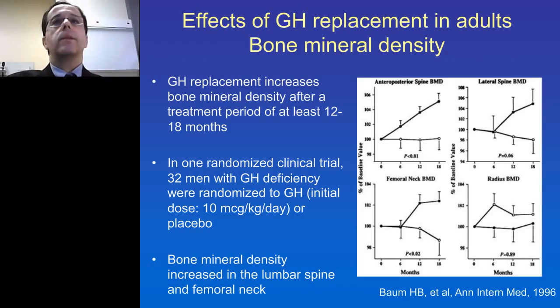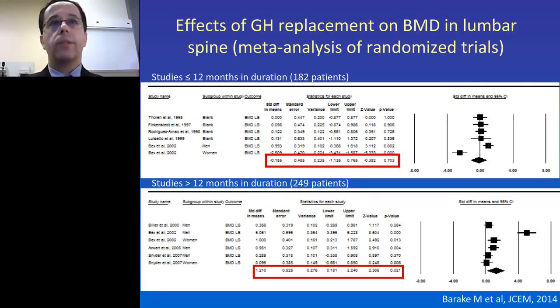A meta-analysis of randomized clinical trials of growth hormone replacement in adults extends these observations by showing that the effects of growth hormone replacement on bone density are really dependent on the duration of growth hormone replacement. The upper panel shows studies that are up to 12 months in duration, and in particular, the figure shows the difference between growth hormone and placebo.